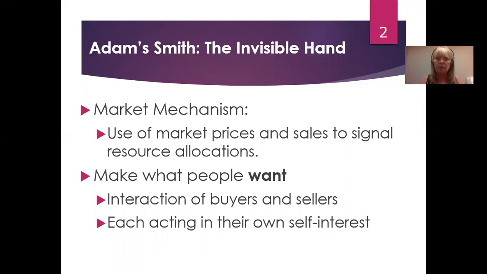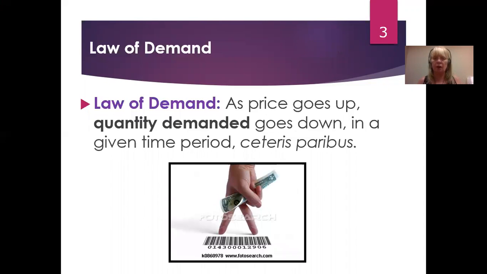Accordingly, the law of demand says, as the price goes up, quantity demanded goes down. If you think about that for a second, that's about as intuitive as anything could ever be.